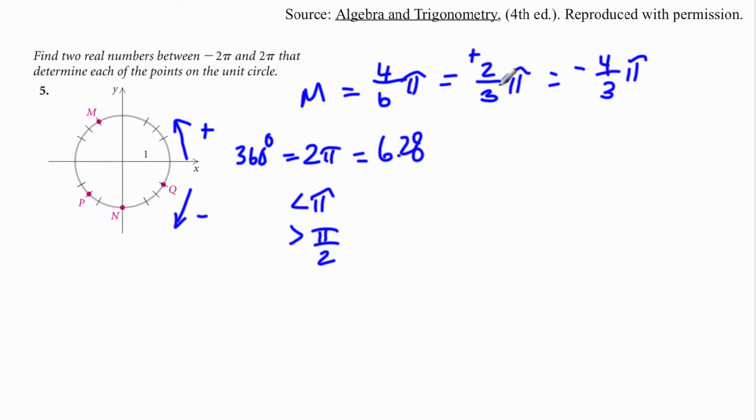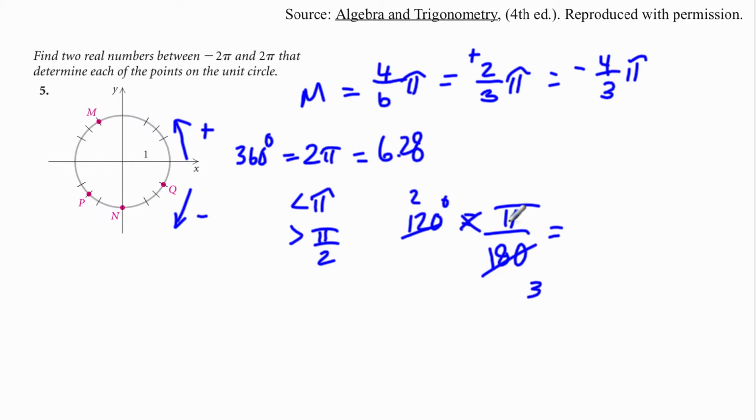Now, if you have a hard time thinking in pi's, you can just think in degrees too. So 30, 60, 90, 120. So that's 120 degrees. If you want to know how far that is in pi's, then just multiply by pi over 180. And then simplify. 60 goes into there twice, 60 goes into there 3 times.